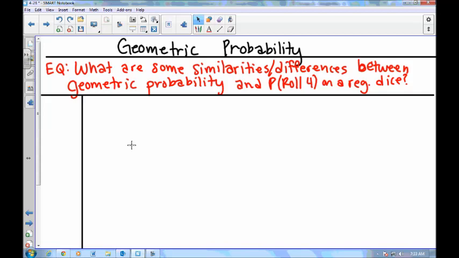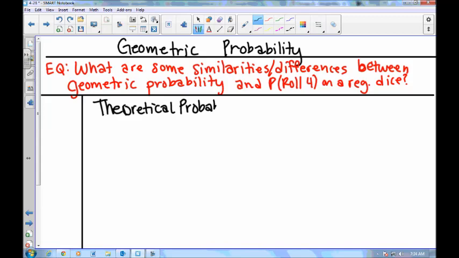Okay, so that's regular probability, actually it's called theoretical probability, that you guys are aware of. Theoretical probability, where the math backs it up, because assuming that die is actually fair, the probability of rolling a 4, like you mentioned, is 1 out of 6. Rolling a 4 is called the event.